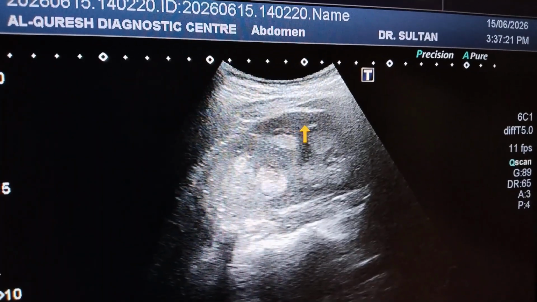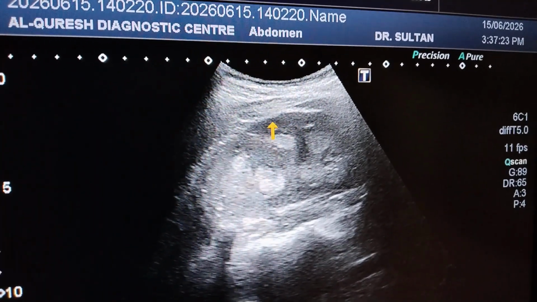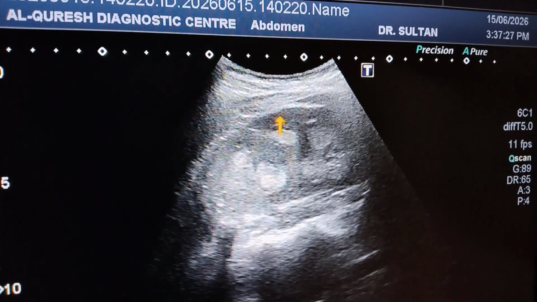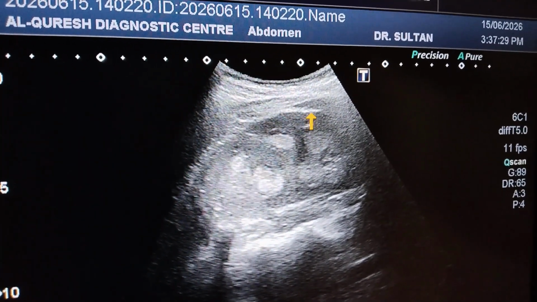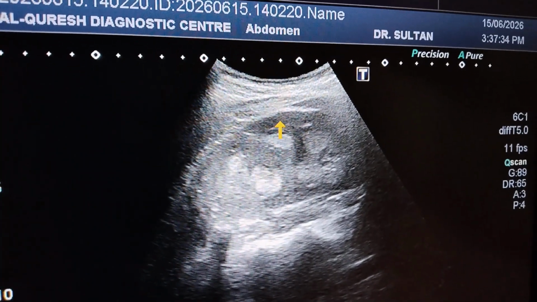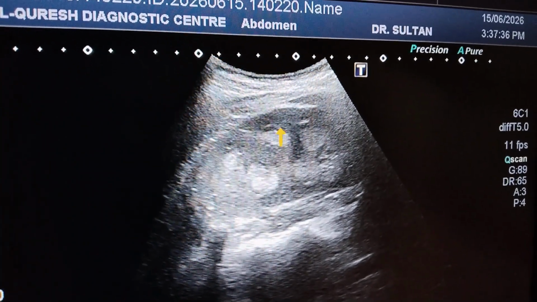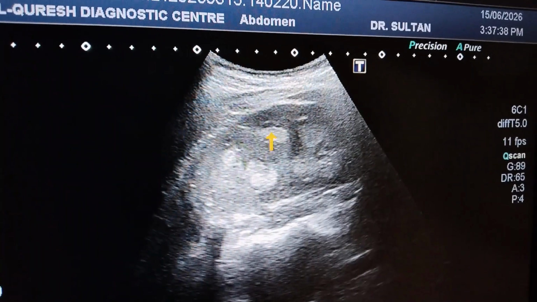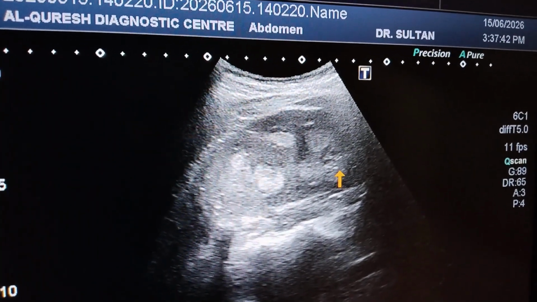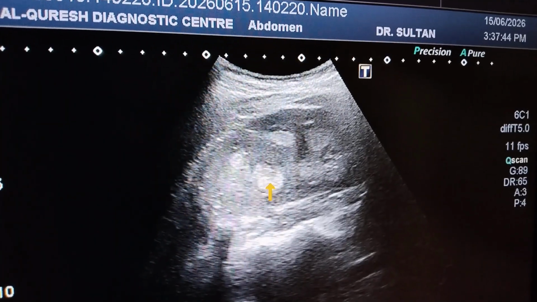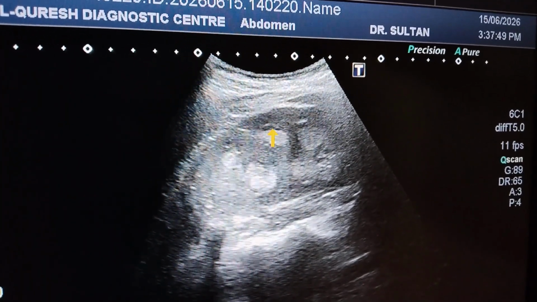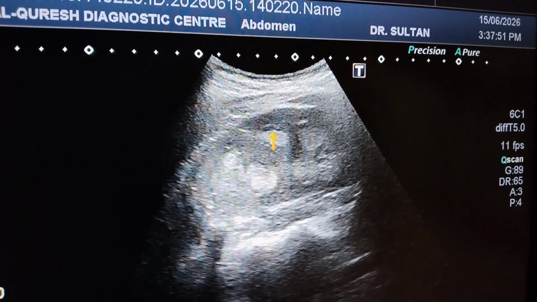And this hypoechoic area, relatively less hypoechoic, is cortex, and this echogenic line is the capsule. So this cortex is the outermost layer of the kidney, and then this area which is bright, diffusely bright, this one, this one, and this one, this is the pyramids, medullary pyramids.